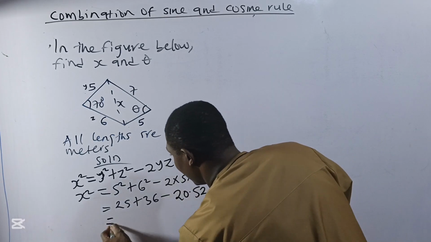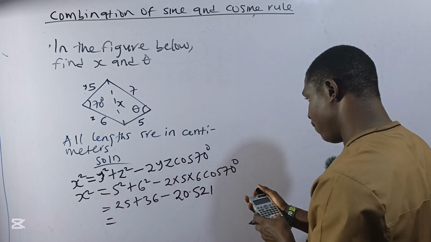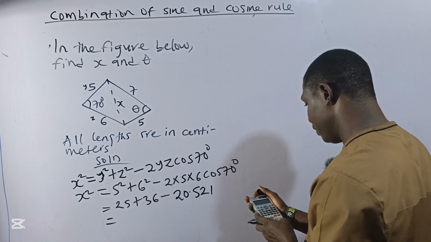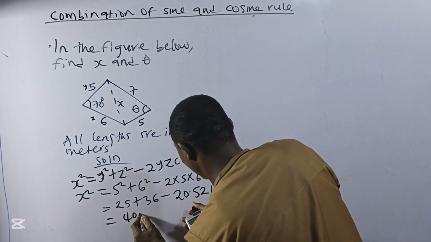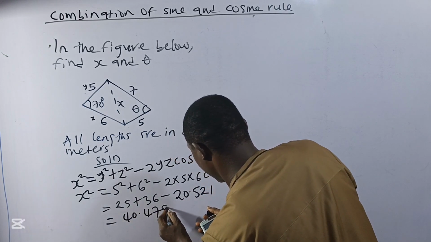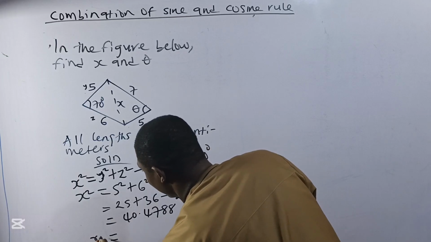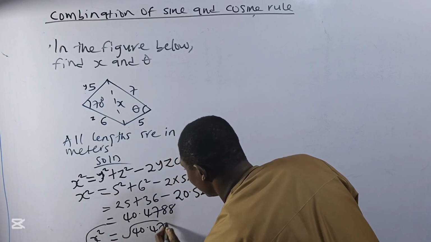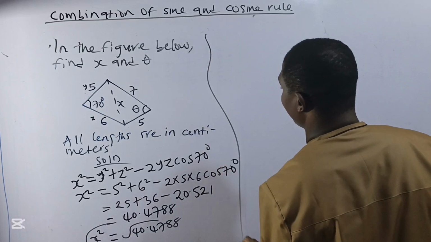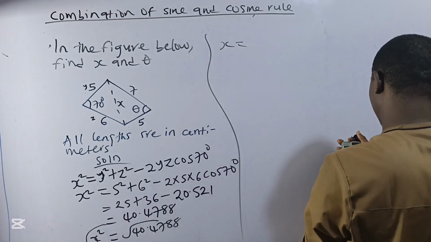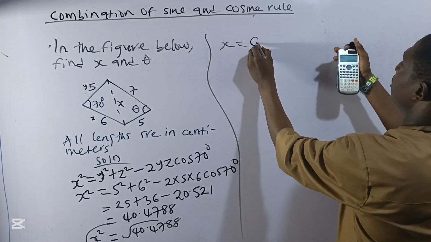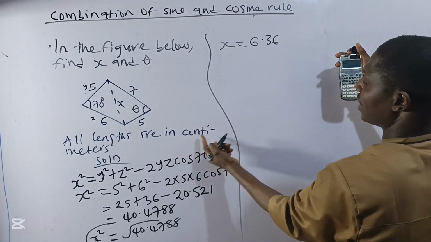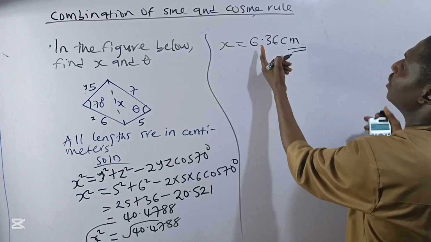And I'll have 25 plus 36 minus 20.521 to give me 40.4788. If I take the square root of 40.4788, I will have my value of x equal to 6.36. All lengths are in centimeters, so I have this in centimeters.